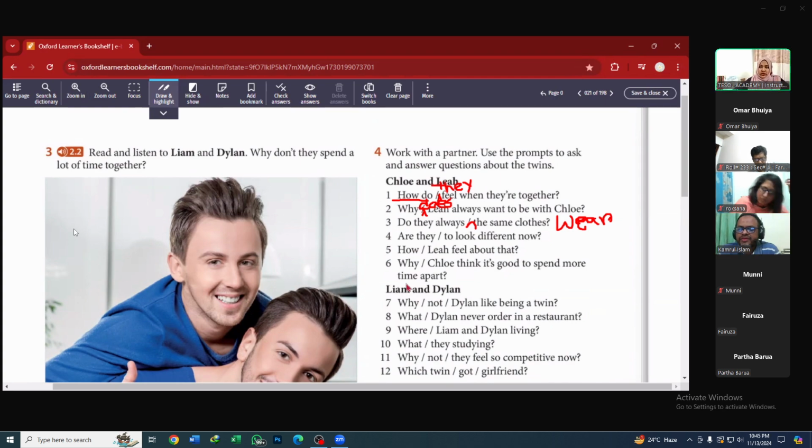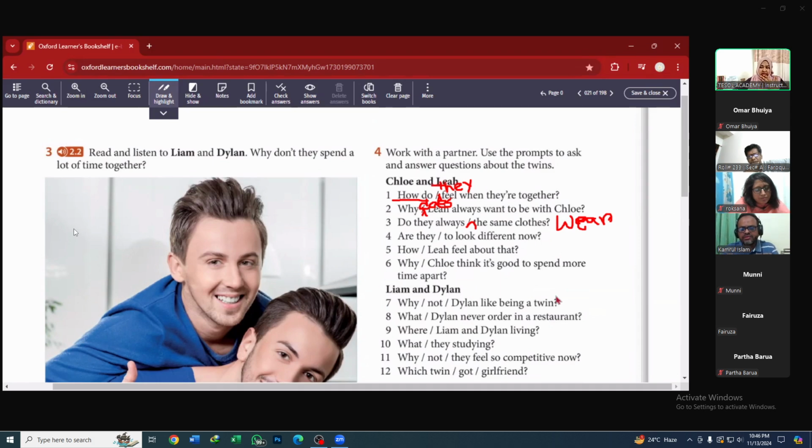The sound is very low. Okay, what about Mr. Farooq? Can you do number four? Are they different? Look, different. There will be one word here. I'm giving you a hint. Are they dash to look different now?